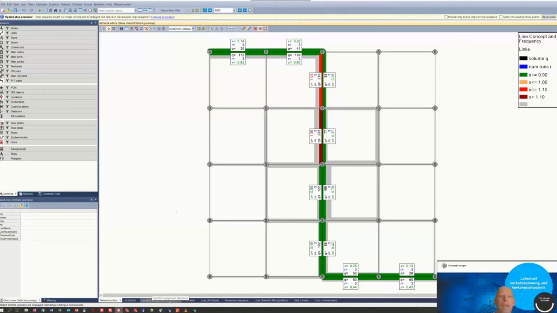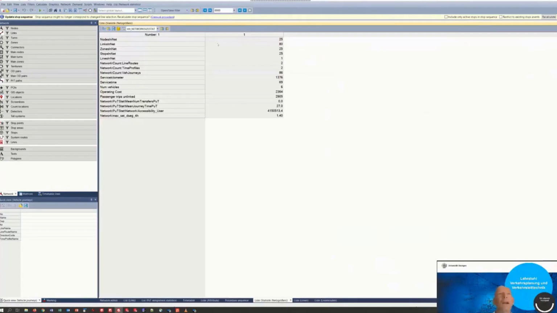I also get information which I compiled together. We have the nodes in the network and so on. But here you see I have the service kilometers, I have the service time, I have the number of vehicles I need to buy, I have the operating costs, and I see at the moment for those passengers which are transported, they need 27 minutes and there's no transfer.